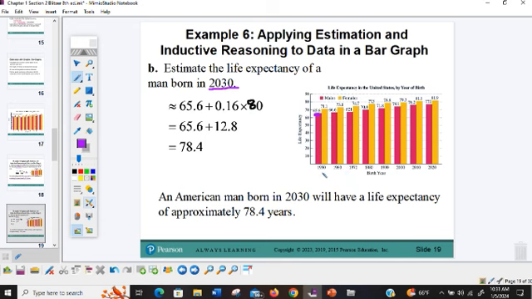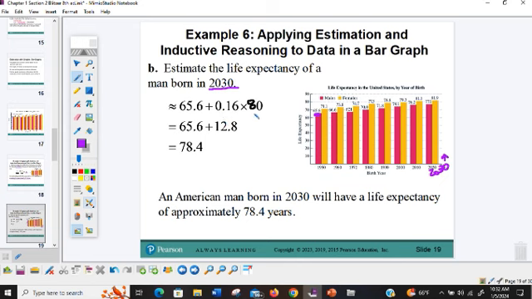If we start at 1950, let's see how many years after 1950 2030 is. This would be 10, 20, 30, 40, 50, 60, 70, and 2030 would be over there on the right, and that would be 80 years past 1950.